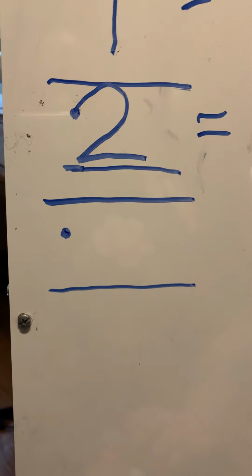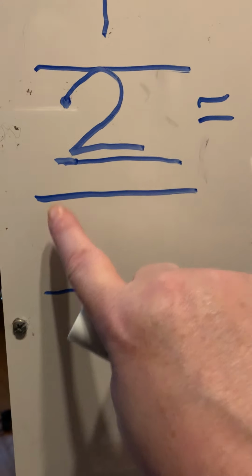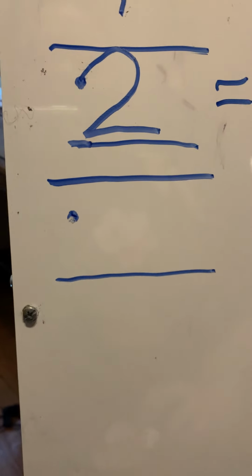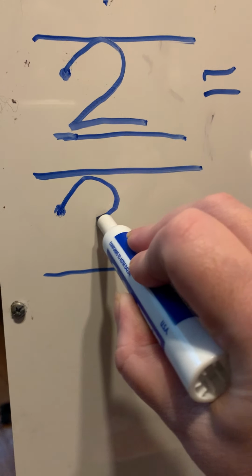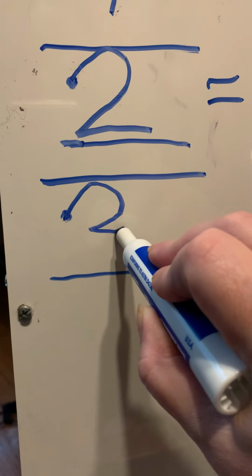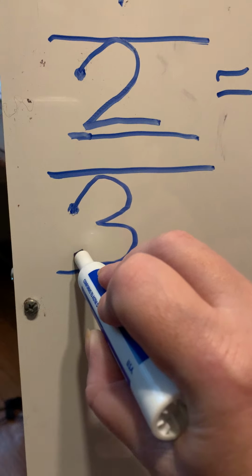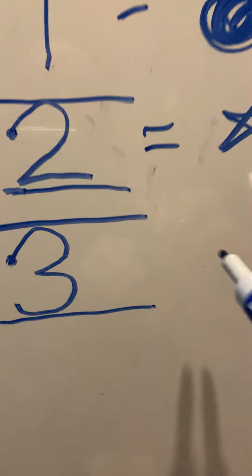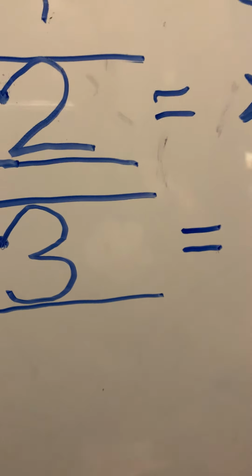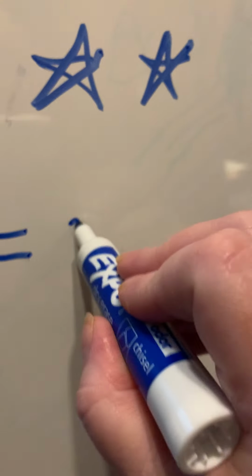You could actually just have your finger and do it in the air. So we're going to go up to the line, come in, go back out and come in. That is a 3, and that represents having a quantity or a number of 3.